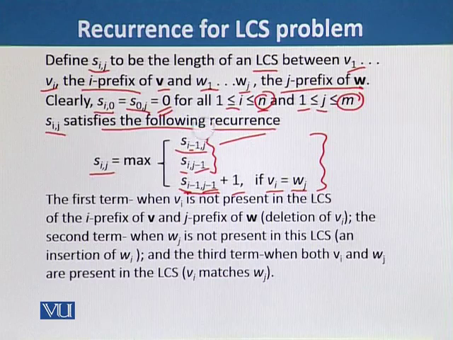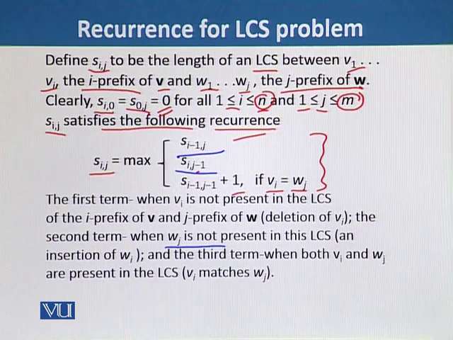The first term represents the case when Vi is not present in the longest common subsequence of the i-prefix of V and the j-prefix of W. That is, if it is not present in V, it means there is a deletion of one letter in the V string. The second equation denotes that when Wj is not present in the longest common subsequence, it means there is an insertion within the W string.